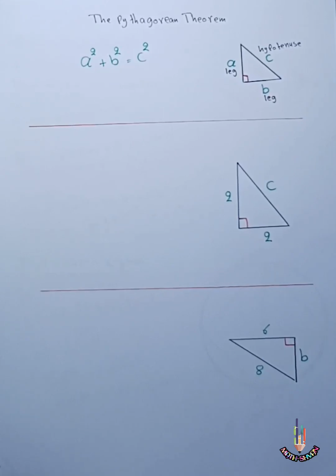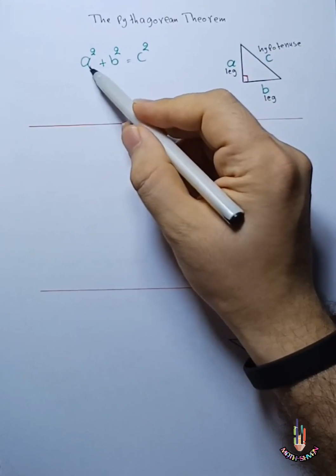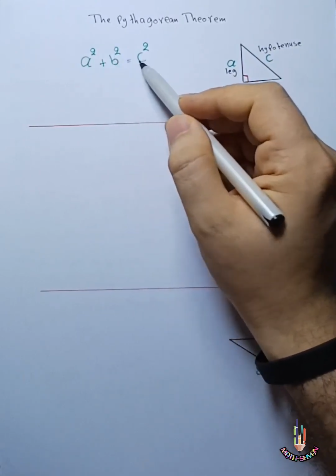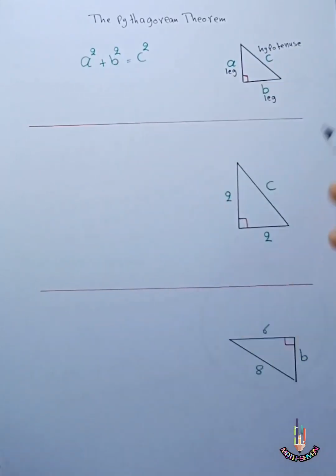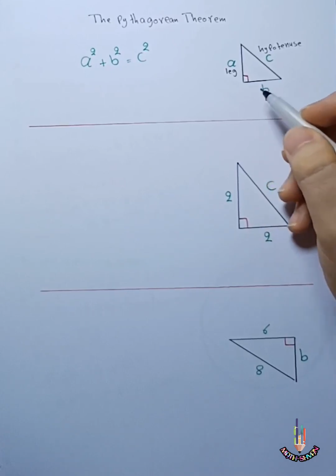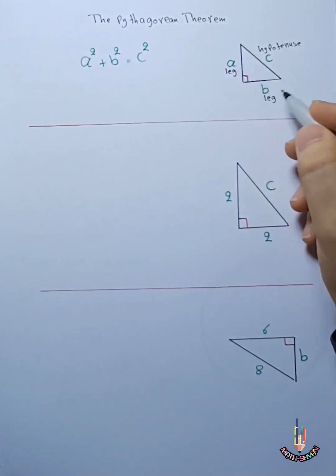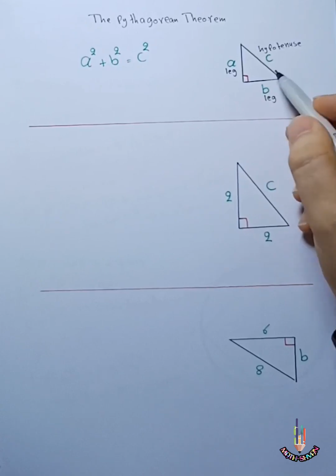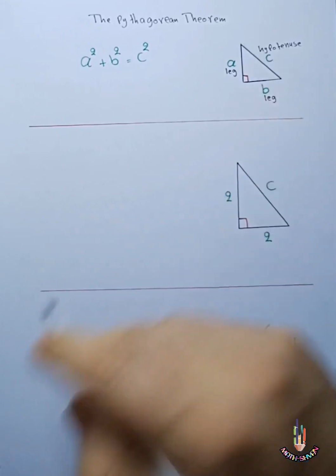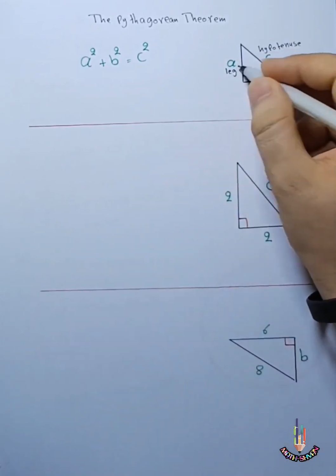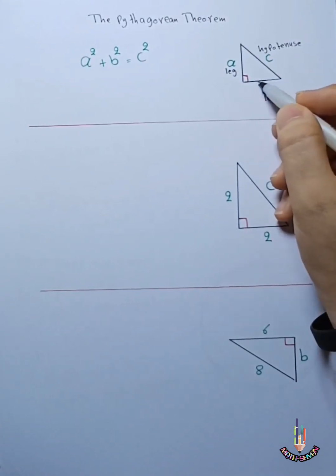The Pythagorean theorem has this rule: a square plus b square equals c square. If we look at this triangle, this side is a, this side is b, and this side is c. These two sides are called legs, so you have two legs.